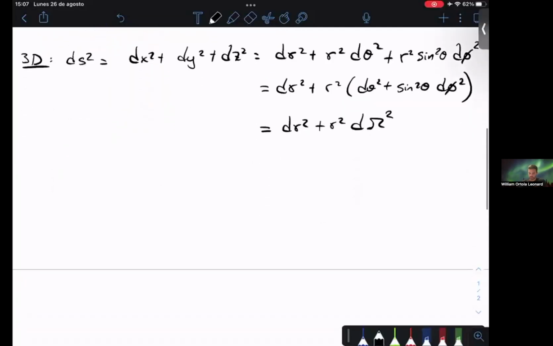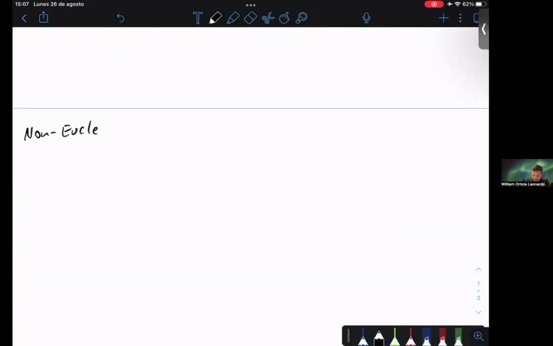Now let us take a look at non-Euclidean geometry. So again, this is for a non-flat space, non-Euclidean, again non-flat space.